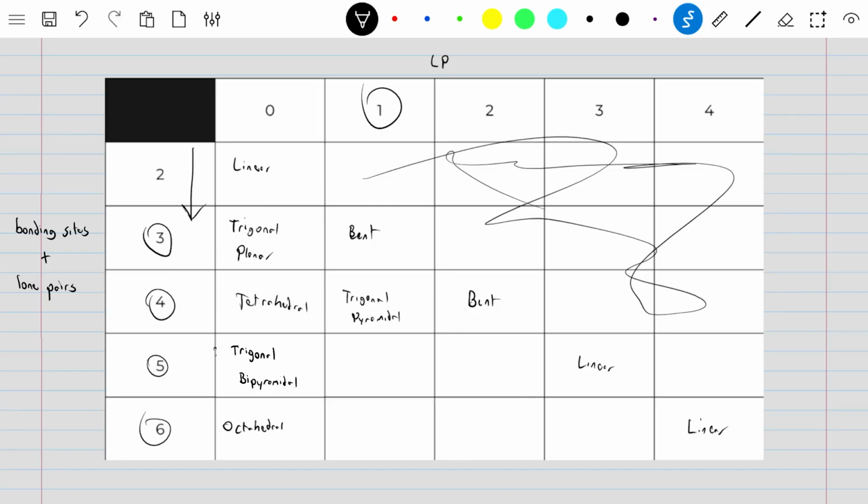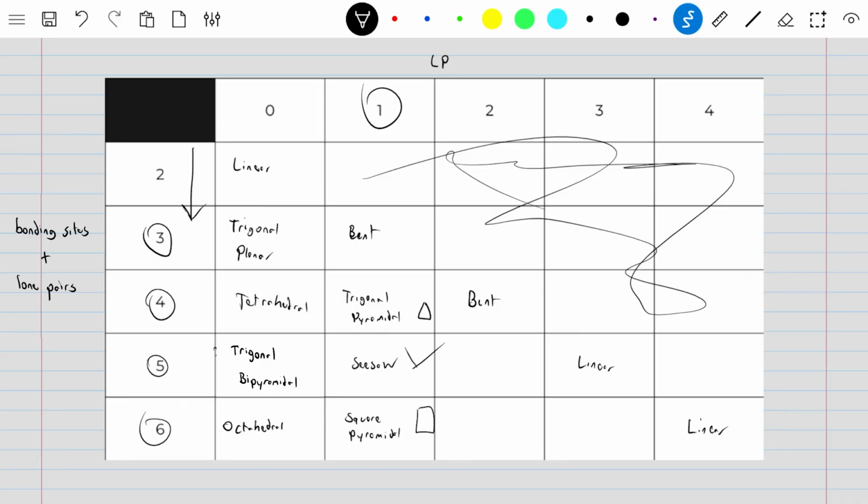And it's going to be seesaw. And it's going to be square pyramidal. This time I will spell pyramidal correctly. And the way I kind of remember this is I create a little symbol, because that's a triangle, that's like a seesaw, and that's a square pyramidal.